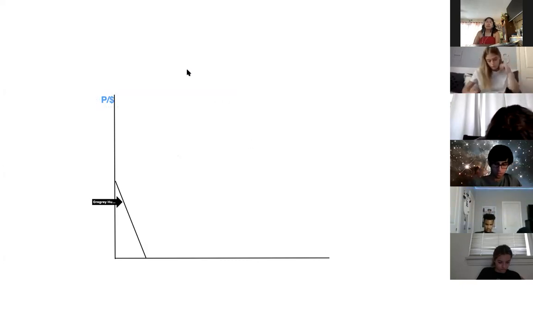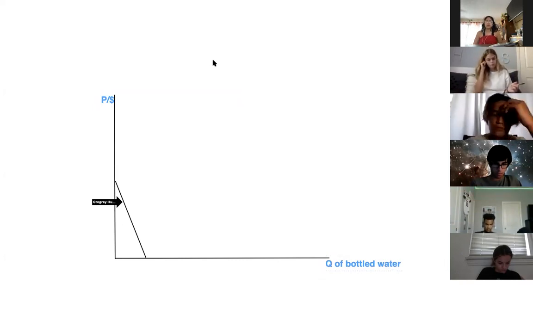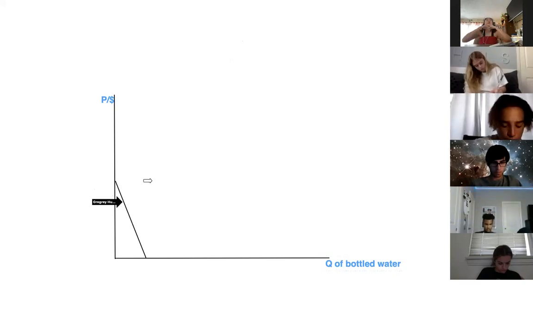And here's the quantity of bottled water. And so notice as I look along, this is the demand for, let's say this is the demand for Anthony Ramsey for bottled water.